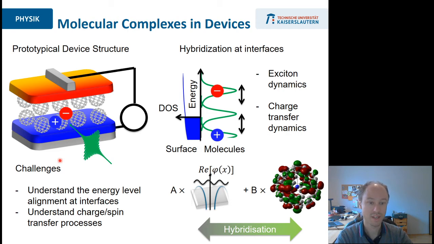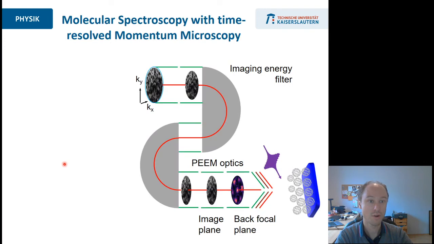And in this presentation, I will give you a flavor and I will show you our approach, how we can use photoemission electron microscopy to learn more about these fascinating physical phenomena that occur in molecular thin films or molecular-metal hybrid systems.